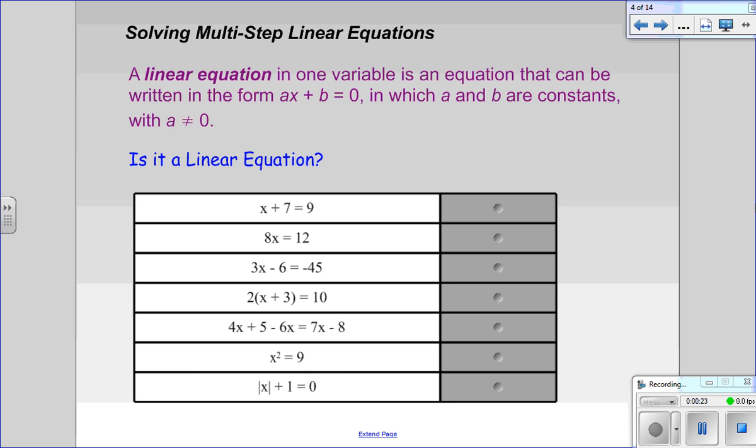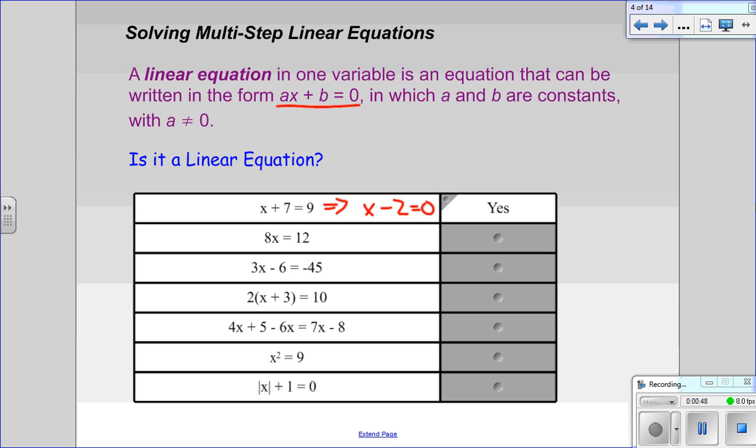Looking at the first example, we see that if we use the addition principle and subtract 9 from each side of the equation, it would result in the equivalent equation x minus 2 equals 0, which we see is in the form written above. Therefore, that is a linear equation.